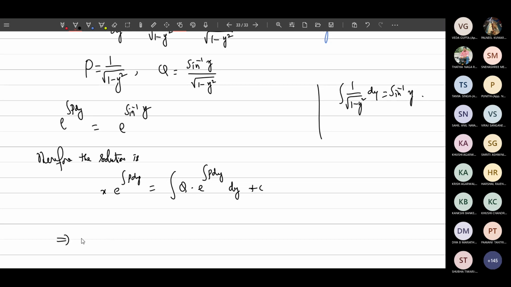So this means x into e to the power of sin inverse y equal to integral of q, which is sin inverse y by under root 1 minus y square, into e to the power of sin inverse y dy, plus c.